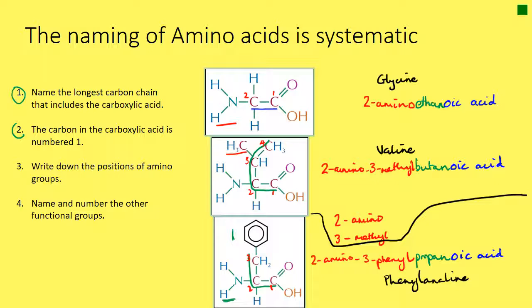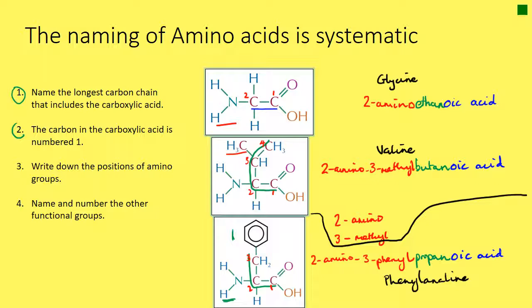It's going to be something oic acid, and that's always the same in the systematic name. Then we go to step number one, and we name the longest carbon chain. So here we've got the carbon chain, including the carbon in the carboxylic acid. We can remember that 2 carbons gives us ethane. So this is going to be ethanoic acid.